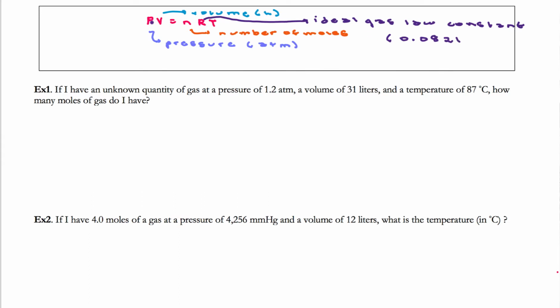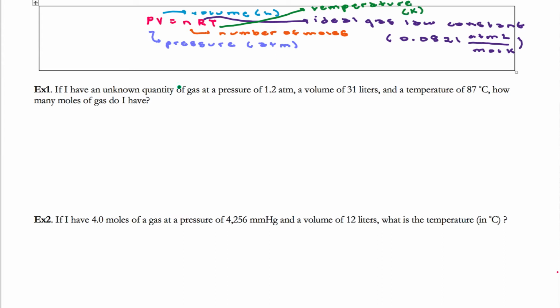Okay? My units are atmospheres times liters over moles Kelvin. Okay, so that is why my pressure has to be in atmospheres, my volume has to be in liters, number of moles is moles, and my last variable here is my temperature. And notice, based on my ideal gas law constant, temperature has to be in Kelvin.